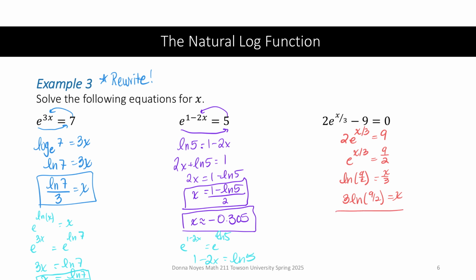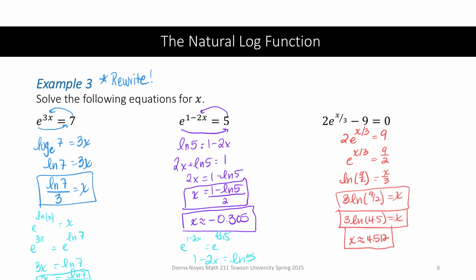Or you could say it's 3 natural log of 4.5. That's also okay. Either one of those is okay in my book. And what is this x? Funny enough, it's approximately 4.512, which I find really humorous considering we have a 3 times the log of 4.5.